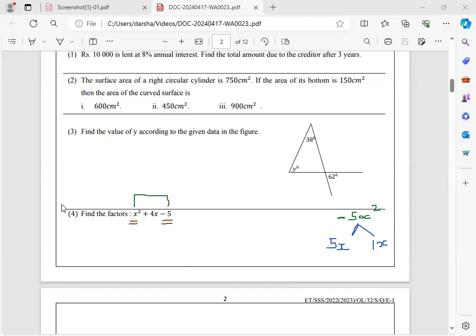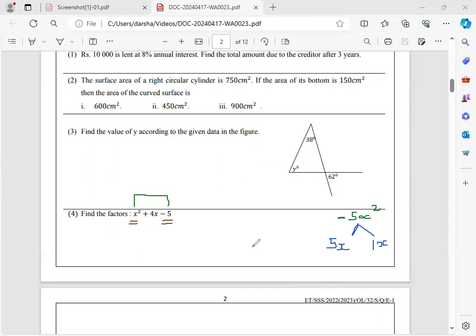Normally, if you get an equation like x squared minus x plus 6, then for 6 there are so many ways. 6 into 1 is 6, 2 into 3 is 6. Like that, first you write down the possibilities: how can we get this number by the multiplication of any two whole numbers. So in this case, we have 5, and we can get 5 only using 5 into 1.